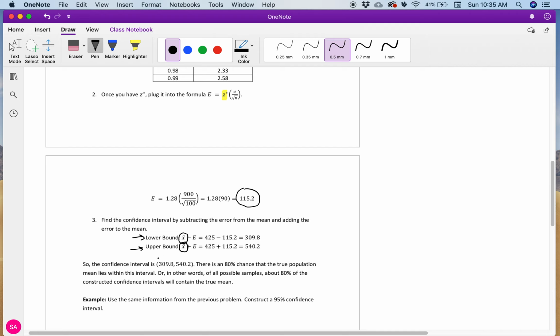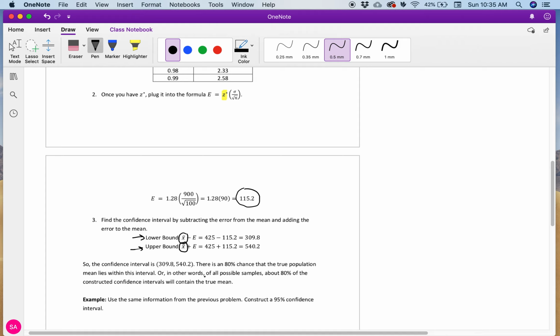So now we have an interval, a range of values that we believe there's an 80% chance that this interval contains the true population mean. And I have that written out here in two different ways because in the first video and earlier in this video, one way to think about this is if you take all possible samples. If you have an 80% confidence interval, then we believe that 80% of the confidence intervals for those samples will actually contain that true mean.